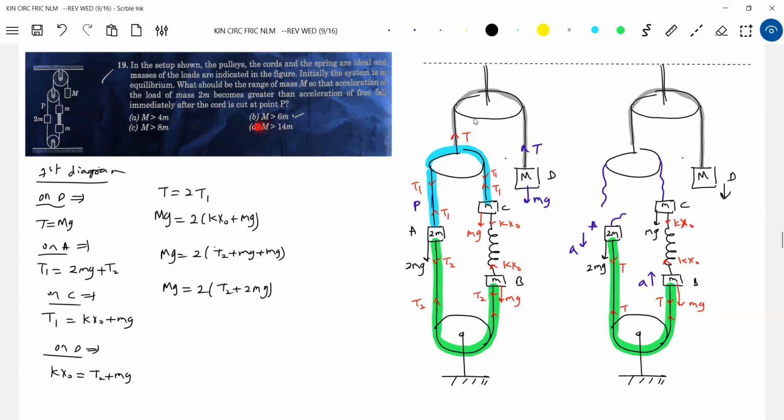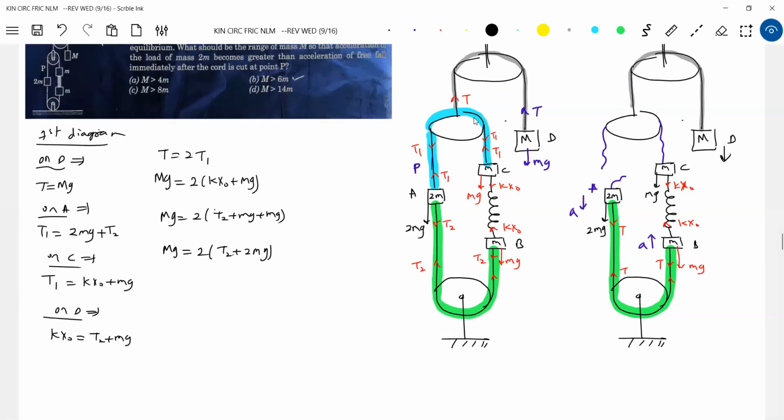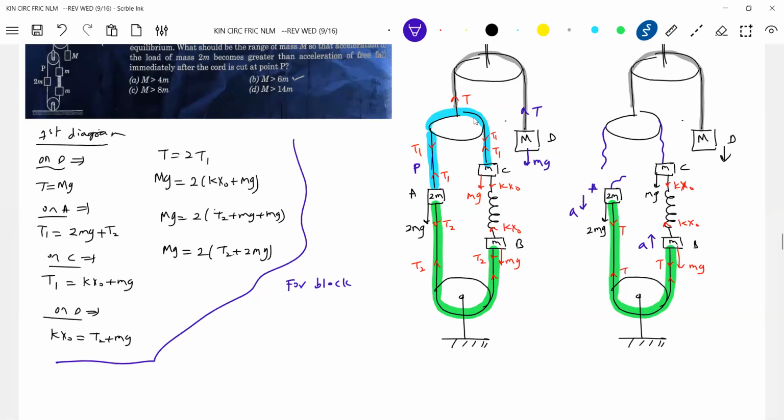You just ask some mathematical conditions here. So for block A to have acceleration A greater than g, what is the basic necessity condition? kx naught should be greater than 3mg.